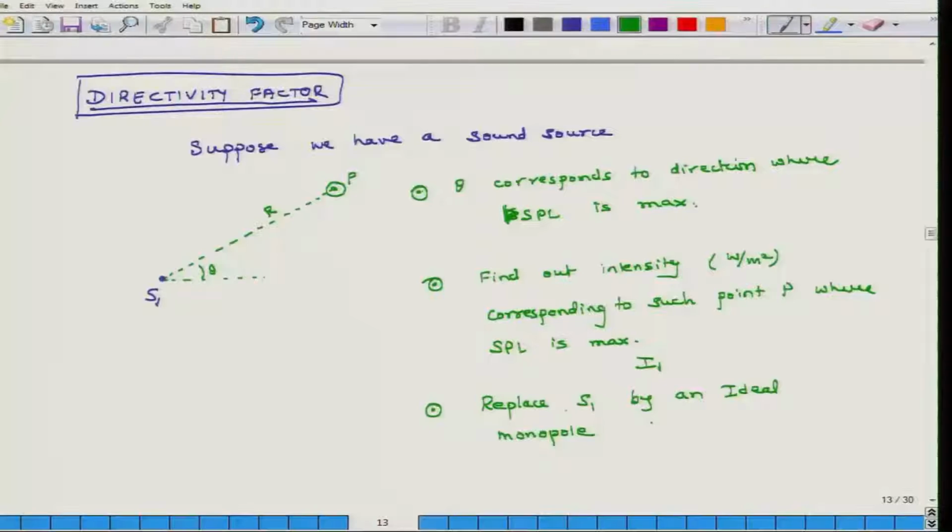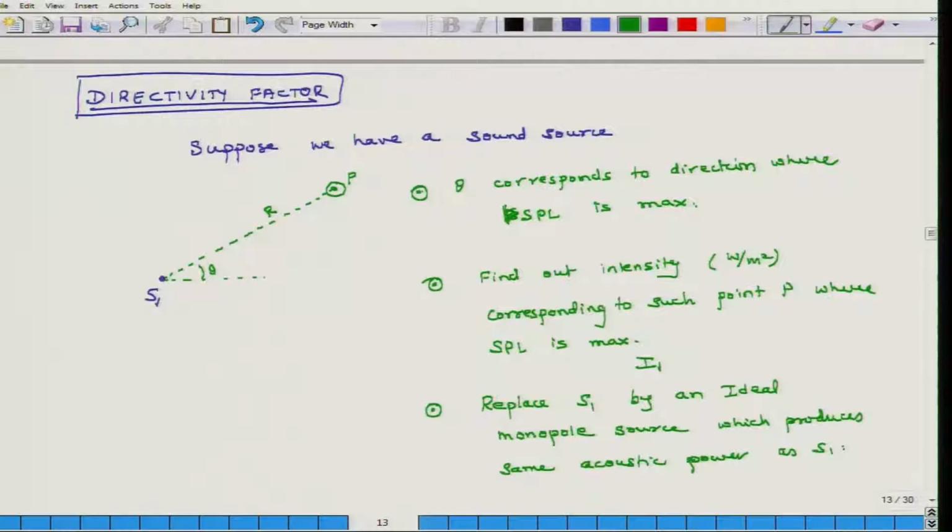So, you replace the source S1 by an ideal monopole source which produces the same acoustic power as S1.